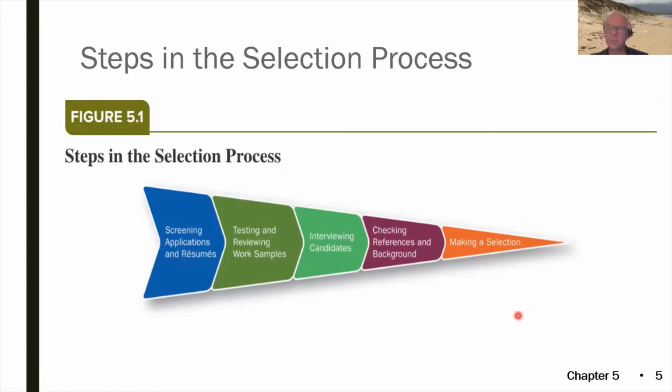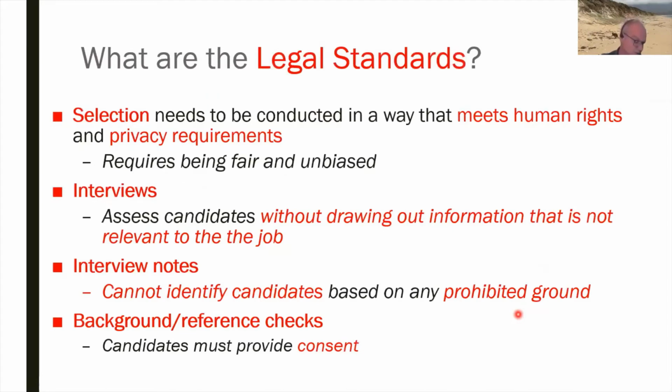Okay, let's talk a little bit about legal standards. So the 2 areas of the law you really want to be cognizant of in selection are human rights and privacy. Mostly human rights, but also a little bit of privacy as well. The key thing with human rights is being fair and unbiased.